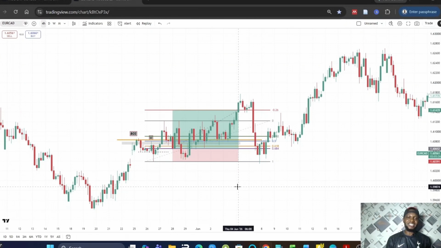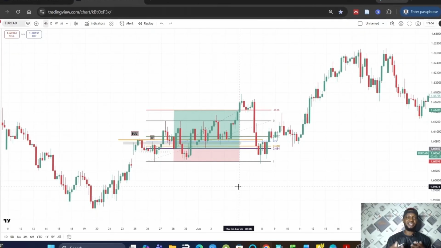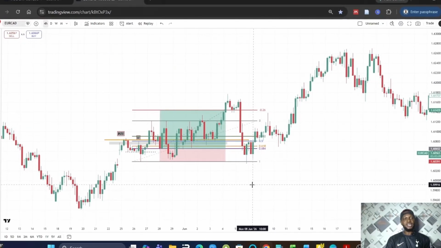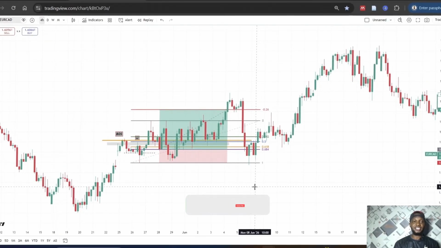You don't have to be at your workplace checking your phone, checking your charts, going to the toilet to look at what price is doing in the market. You could just monitor the charts after every 4 hours or after every 8 hours, depending on how free you are. So that is all I have for you guys about my trading strategy.